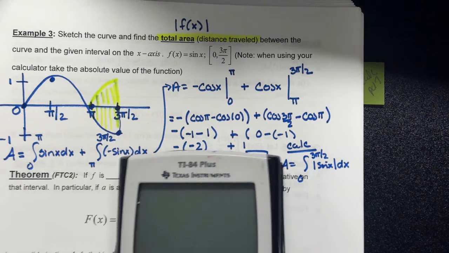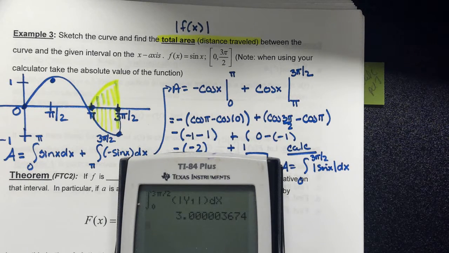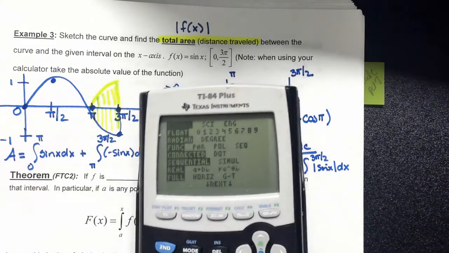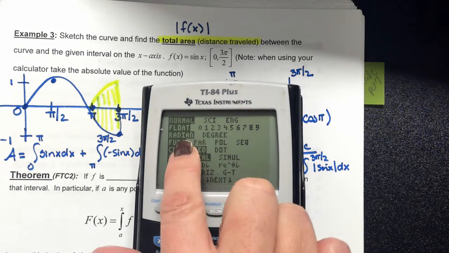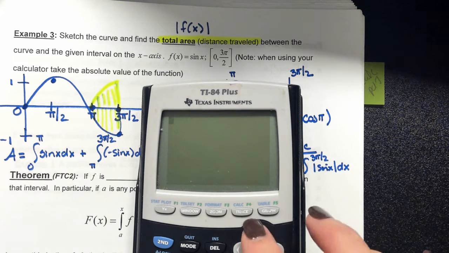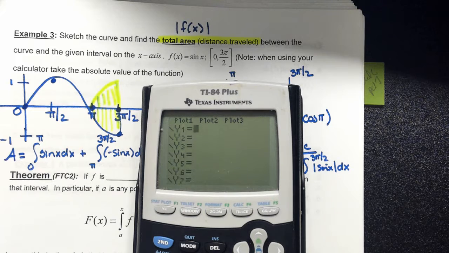When you're doing integration, and again, reminder, anytime you're dealing with trig and calculus, make sure your calculators are in radian mode. So go to your y equals screen. First of all, make sure you plug your function in under y1, so I'm going to go under y1 and type in sine of x.